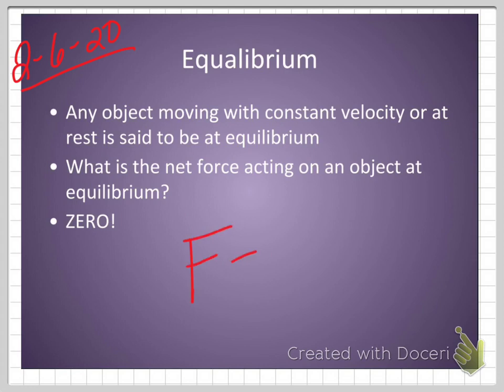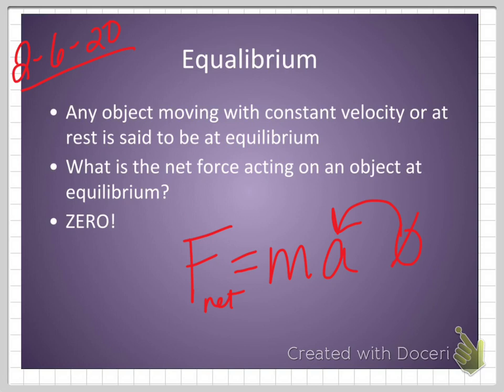Well, force equals mass times acceleration. If acceleration is 0, then the net force, and this is, by the way, net force, is equal to 0 if it's not accelerating. It could be either at rest or it could be moving with constant velocity.